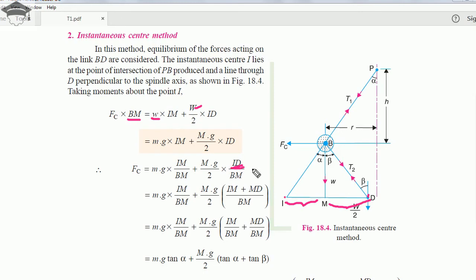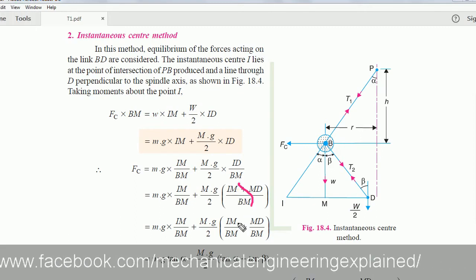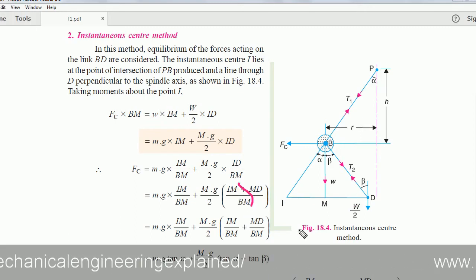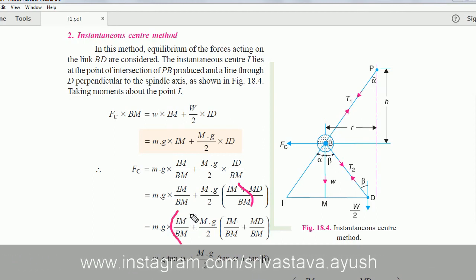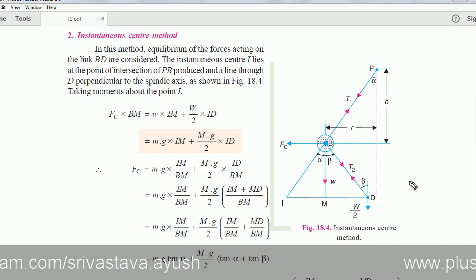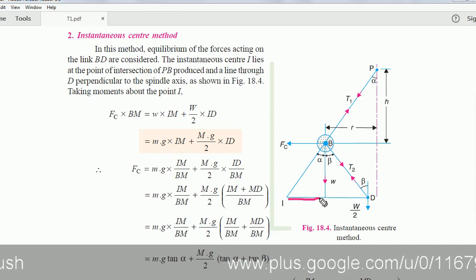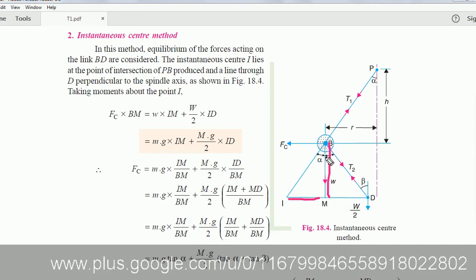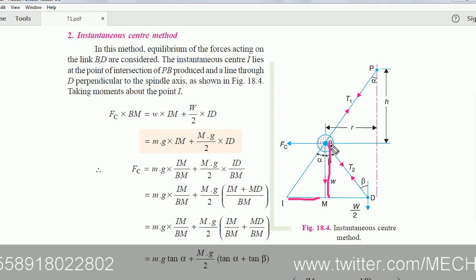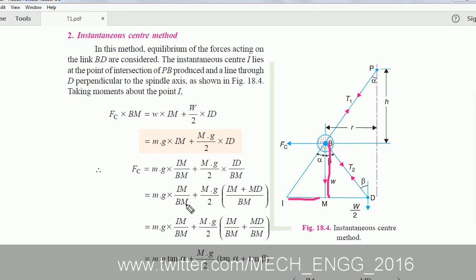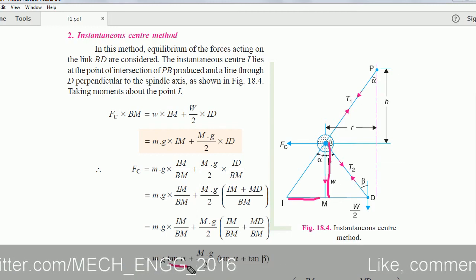So we are substituting the value of ID as here, and then when we further solve, we can take this separately, IM upon BM plus MD upon BM, and now IM upon BM, you can see from the diagram itself, this is tan alpha. Tan alpha is perpendicular, that is IM, upon base, that is BM. So for IM upon BM, you have to substitute the value of tan alpha.